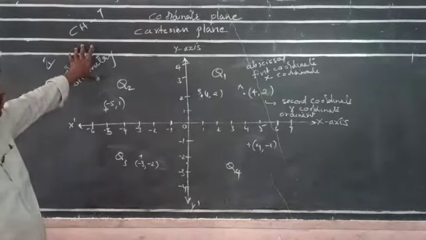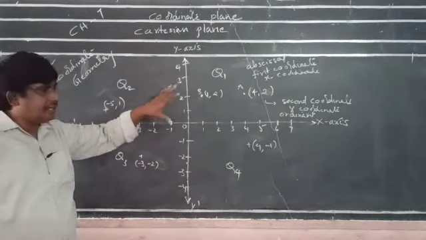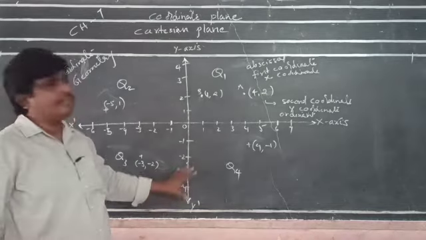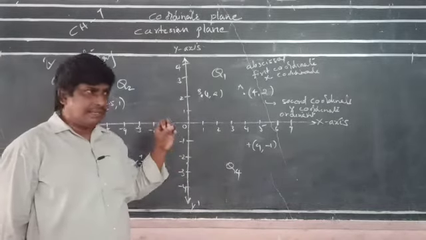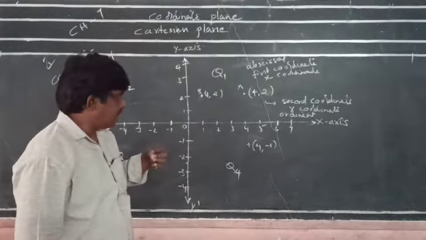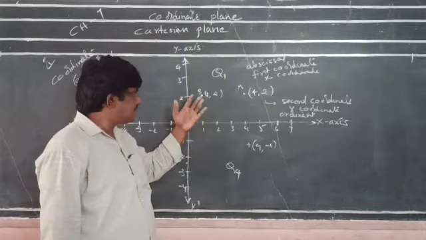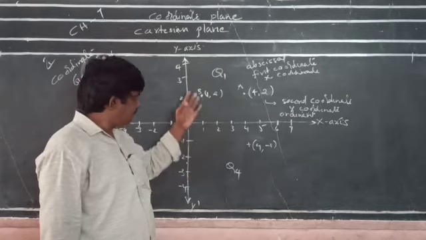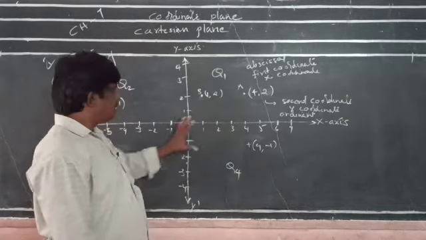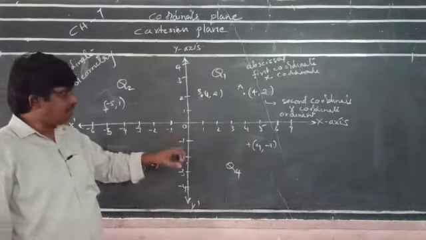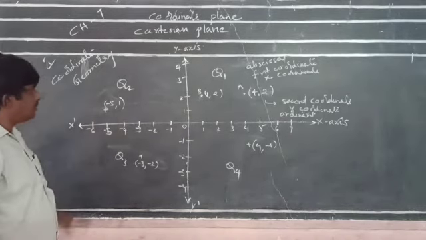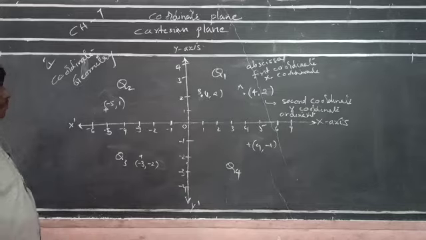Coordinate geometry, where we will study the Cartesian plane. Using the Cartesian plane, we will learn how to find the distance between two points, and in what ratio a line divides points, the centroid, and many concepts from coordinate geometry and the coordinate plane.